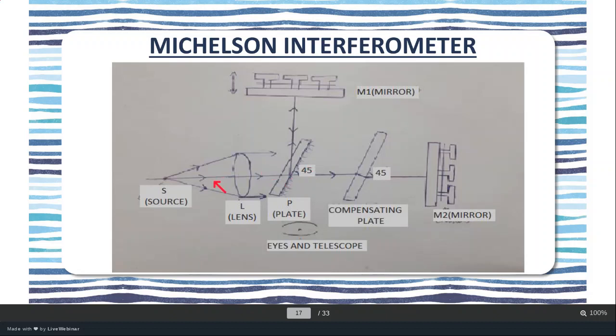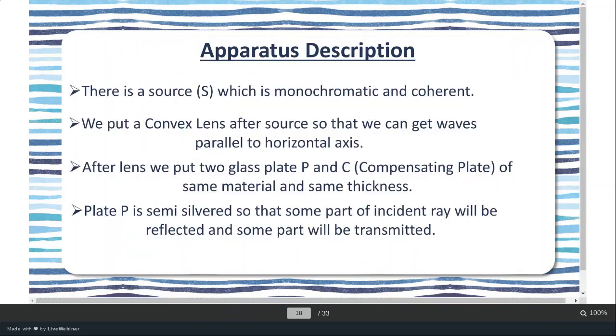When the light waves come here, the beam splitter reflects a part of the light waves towards the mirror M1, and sends a part of the light waves across to the M2 mirror, the transmitted waves. After the lens, we will put two glass plates P and C of the same material and same thickness.